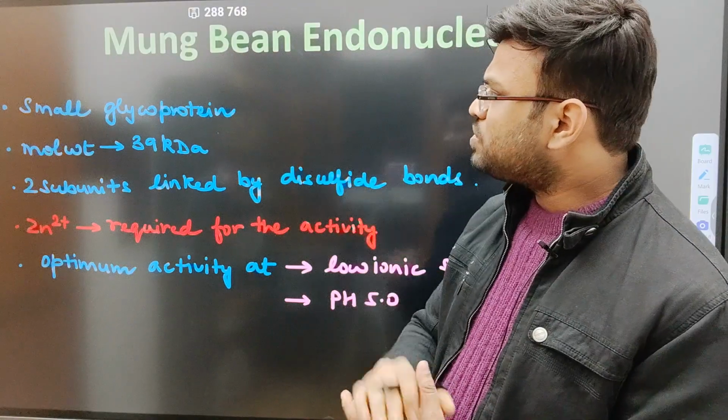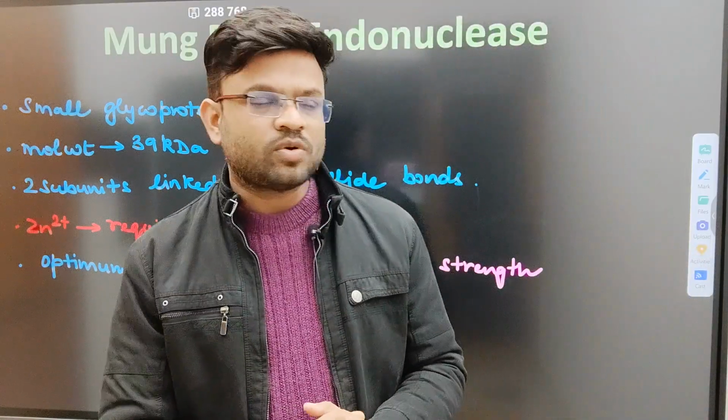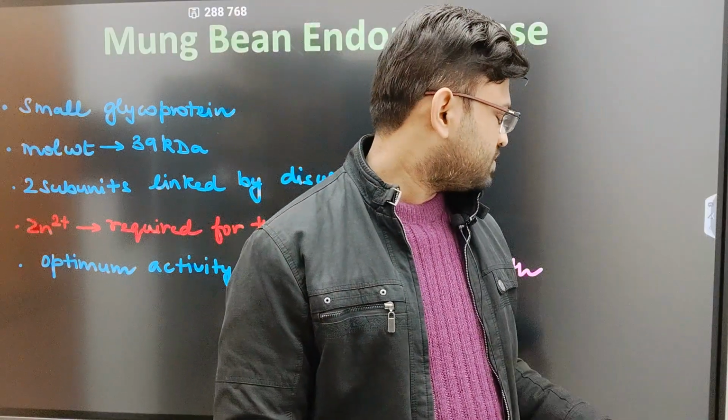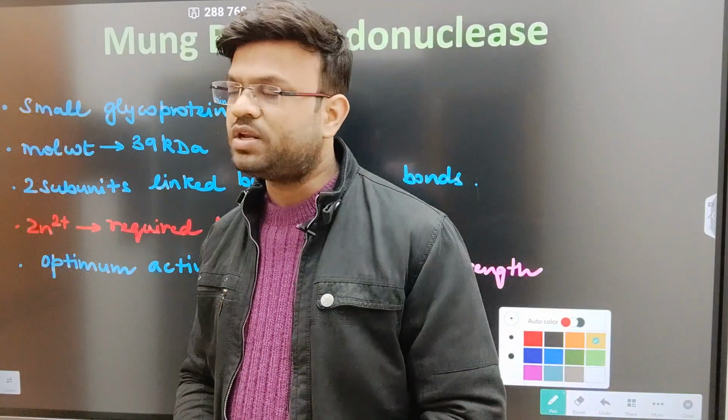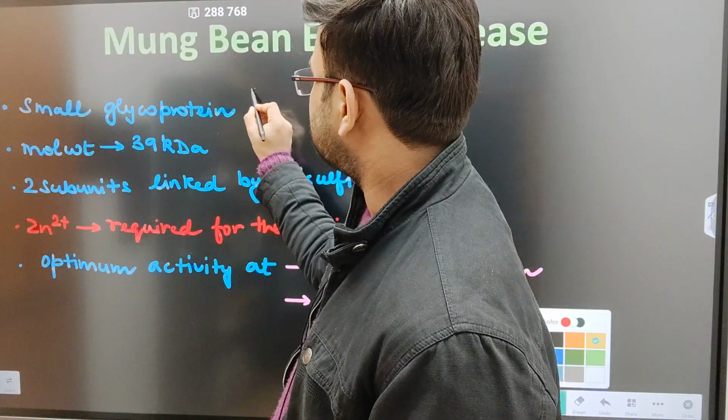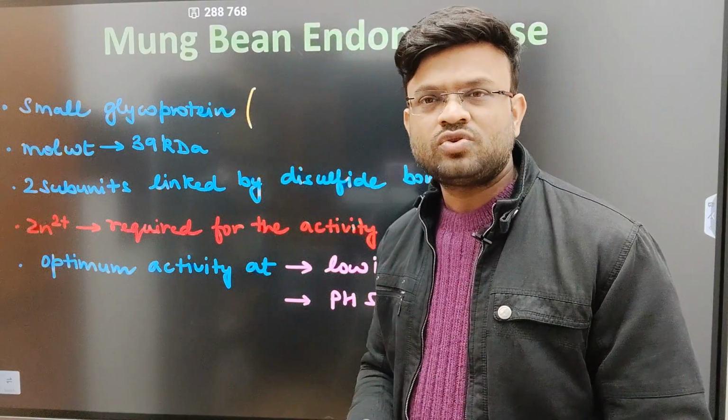So Mung bean endonuclease, what is it? It is basically a small glycoprotein. Now what do you mean by glycoprotein? When I say glycoprotein, you should understand that it is having two moieties.